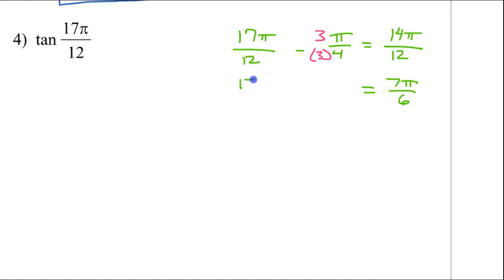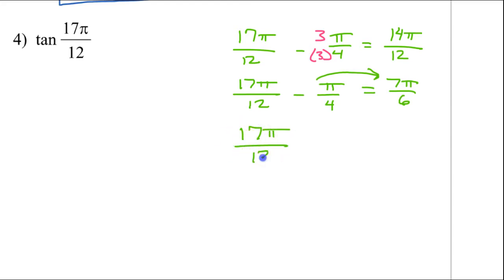So that tells me that 17 pi over 12 minus pi over 4 is equal to 7 pi over 6. Now, adding pi over 4 to both sides, thus moving it over to the right side of the equation, is going to give me 17 pi over 12 is equal to pi over 4 plus 7 pi over 6.